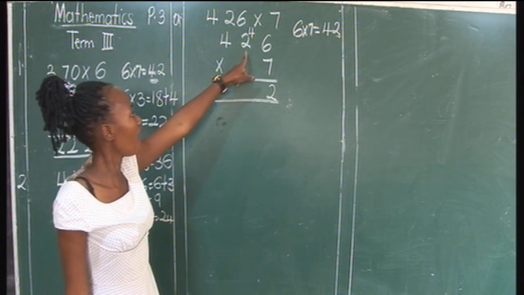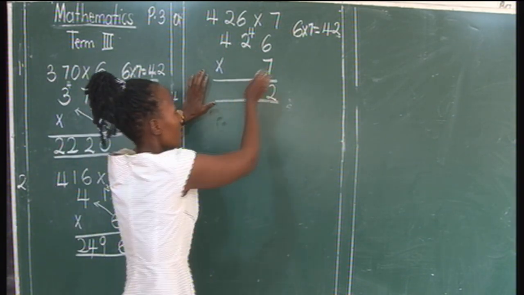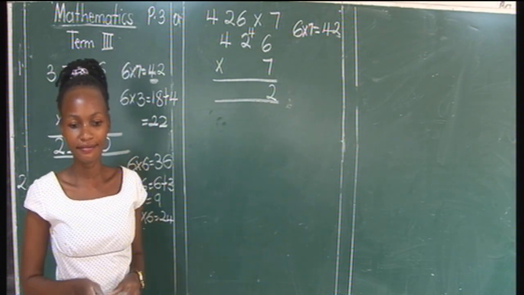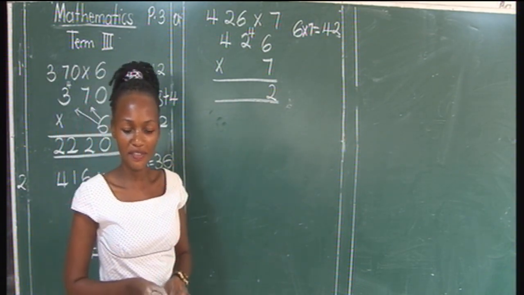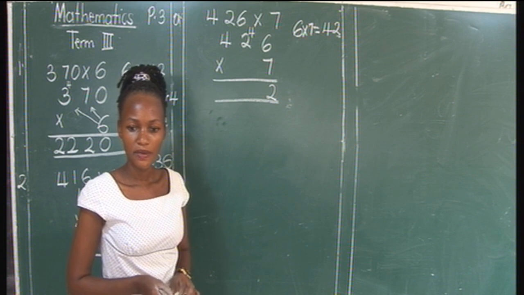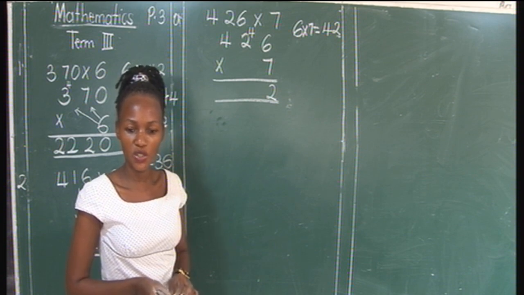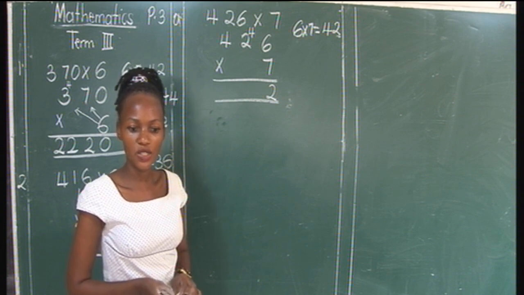Then here we shall have 2 times 7. Who can tell me? 2 times 7, what do you get? Yes, Julian?